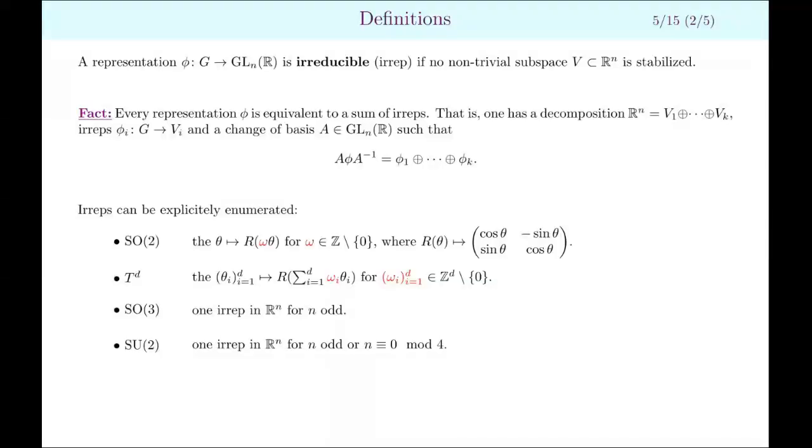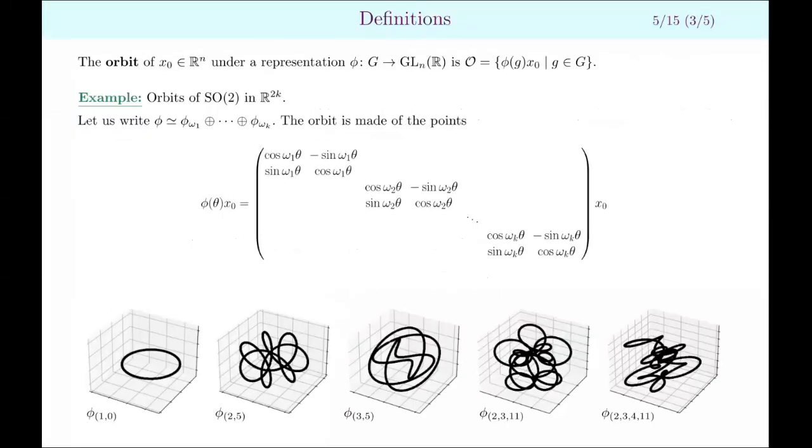Now let me introduce the protagonist of this talk. An orbit: you fix a representation, you pick a point in the space, and you let the group act on it via the matrices of the representation. This creates the orbit of the base point. As an illustration, let's take an orbit of a representation of SO2.